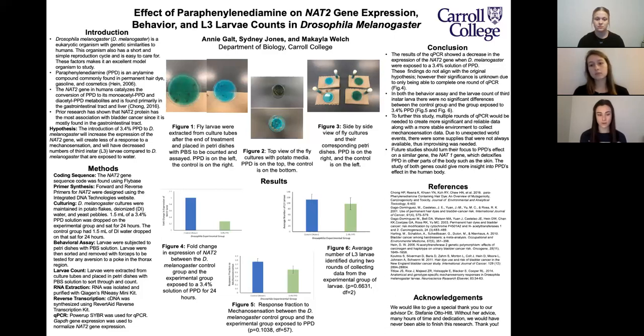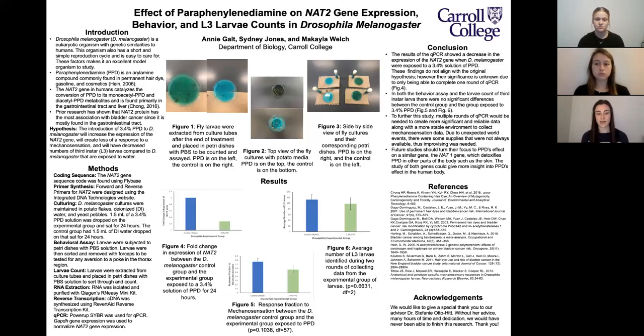After the 24-hour time period, we ran a behavioral assay, and this is where we took the L3 larvae and they were subjected to petri dishes with PBS solution in them. The larvae were then sorted out and removed with forceps to be tested for any aversion to a poke in the thorax region.